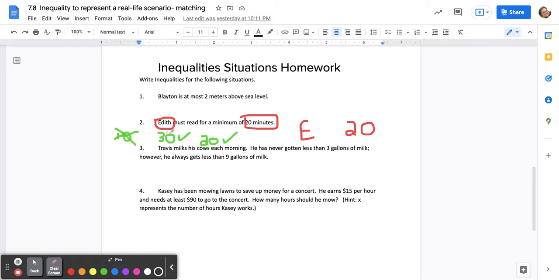If I substitute 30 in for my E, because I know that's a solution, 30 is greater than 20. And 20 is also one of my solutions, so it can also be equal to 20. So my solution for this one is E is greater than or equal to 20.